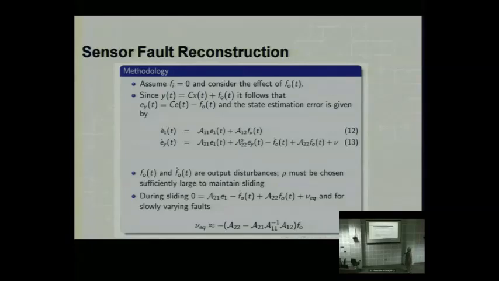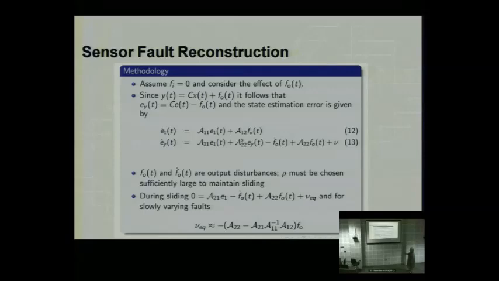This means that within our output error, it's not just going to be C E_x. Remember, we take the difference between the output of the plant, which in this case is contaminated by the fault, and the output of the observer Y hat. So we still get CX minus C X hat here, but we have another part here coming from the fault. And that means this is going to propagate into the dynamics.